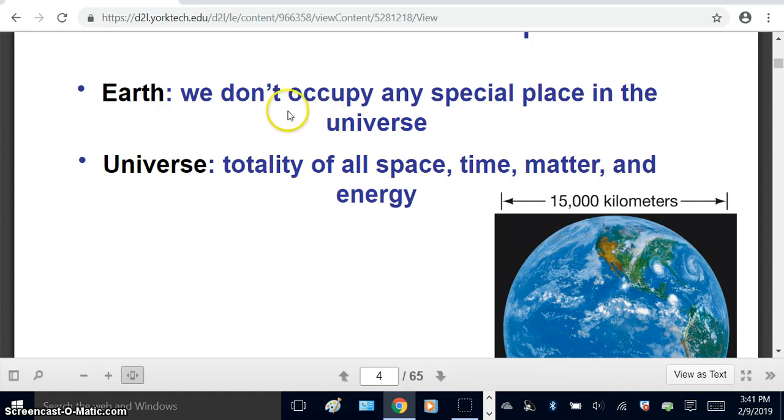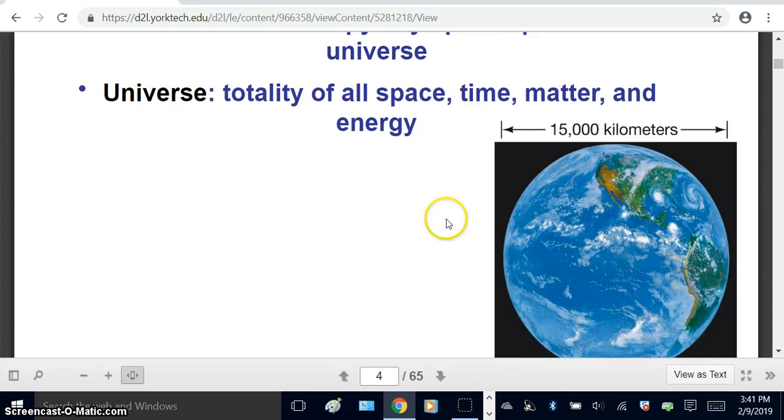Our Sun doesn't even occupy the center of our own galaxy, and our galaxy turns out to be one of hundreds of billions of other galaxies, so our place in the universe is nothing special, as it says here. Of course, we live on a very special planet, a planet that can sustain life and advanced forms of life, not just microbial life.